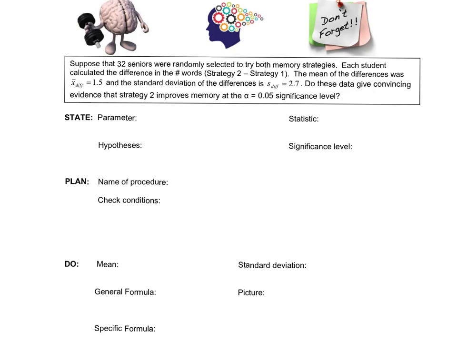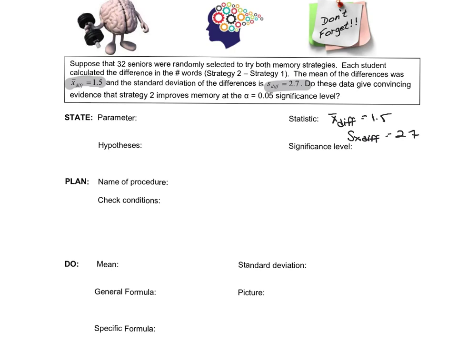So this information is going to become my statistic information, right? So my x bar difference is 1.5, and my s sub difference is 2.7.